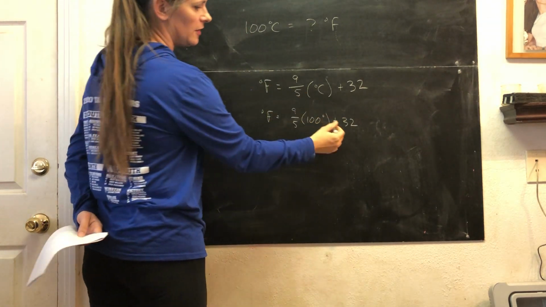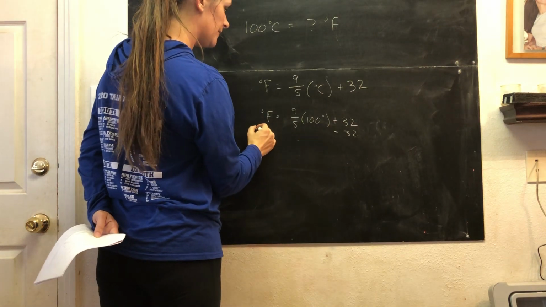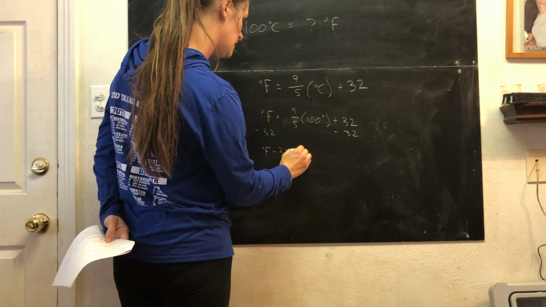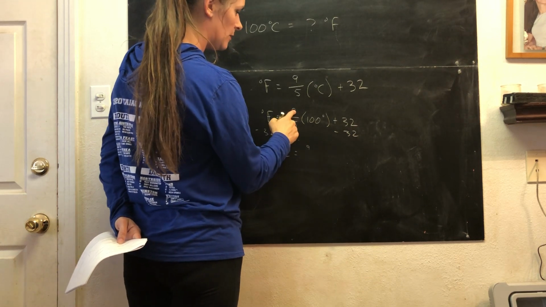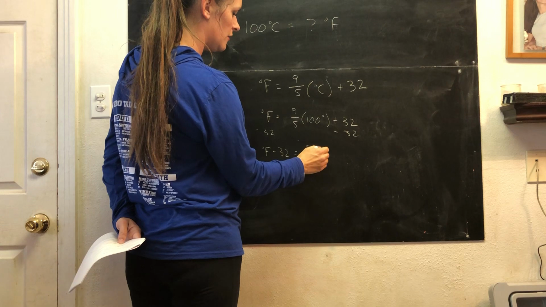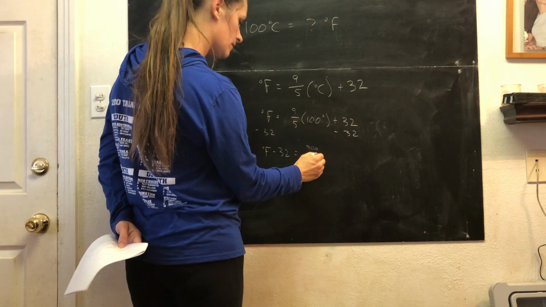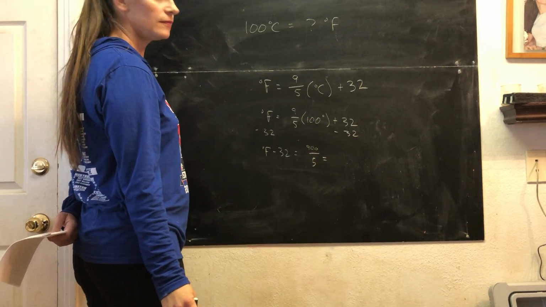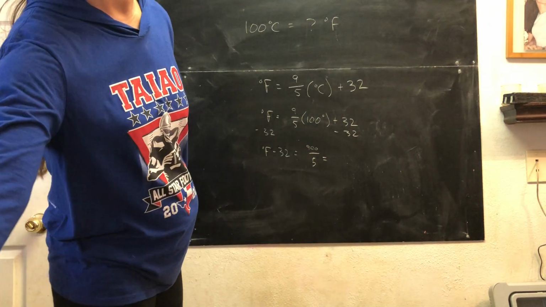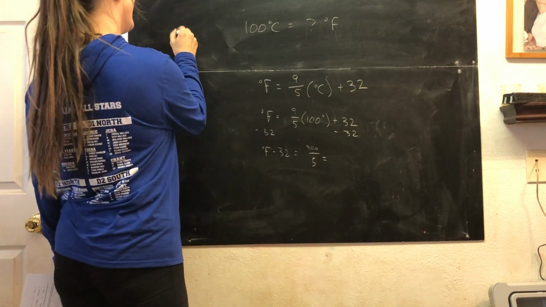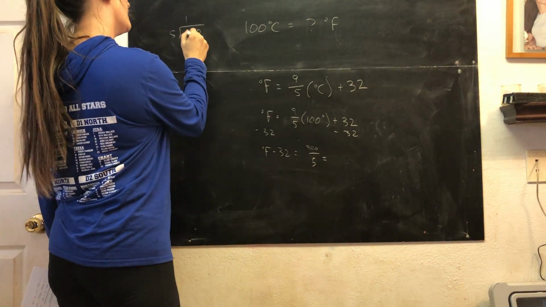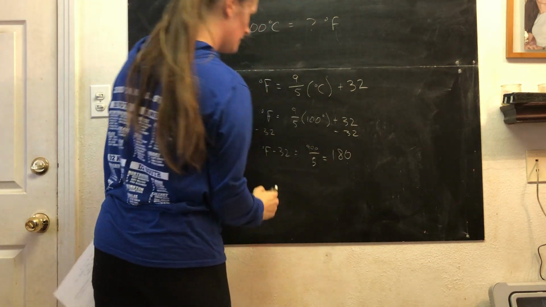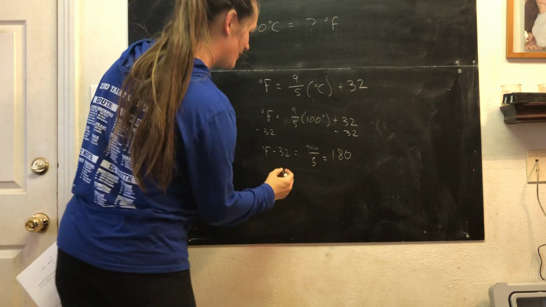So now it's just algebra. Let's subtract 32 from both sides. So we have degrees Fahrenheit minus 32 equals 9/5. So I'm going to multiply 9 times 100. 900 divided by 5. What's 900 divided by 5? I don't know off the top of my head. 180. So we've got F minus 32 equals 180.